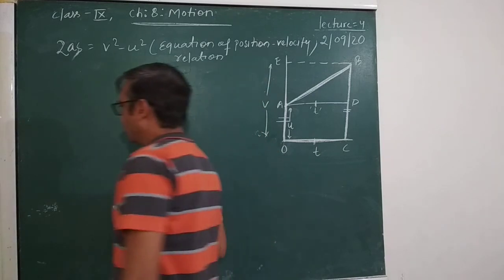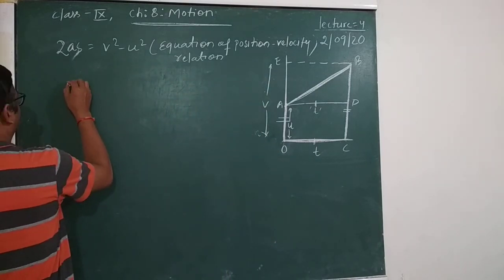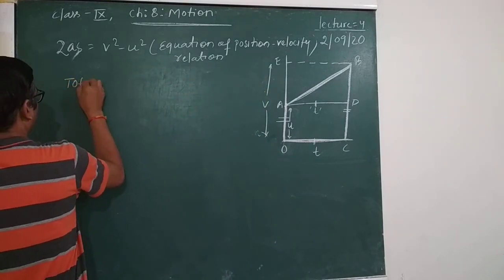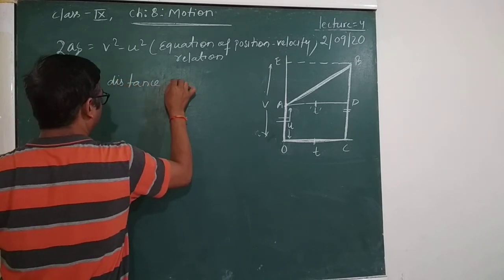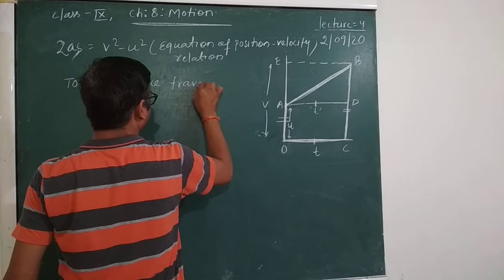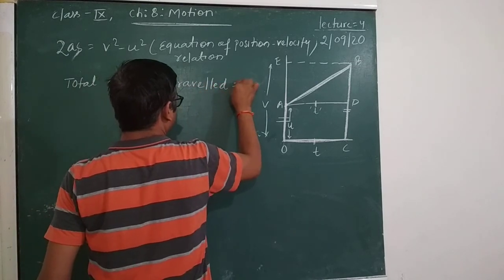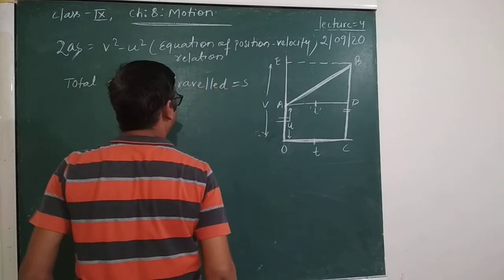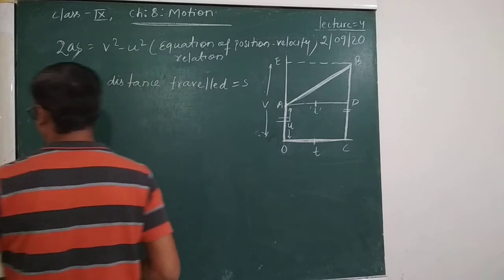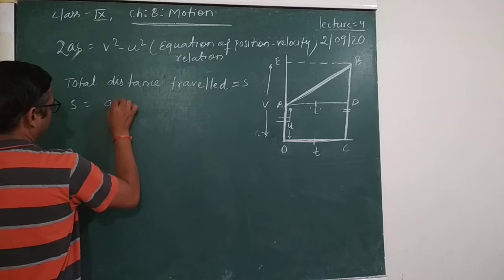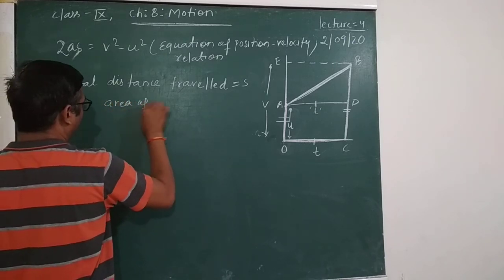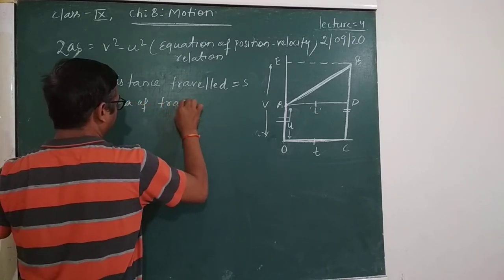So you can say the total distance traveled is equal to s, and this s is equal to the area of a trapezium.